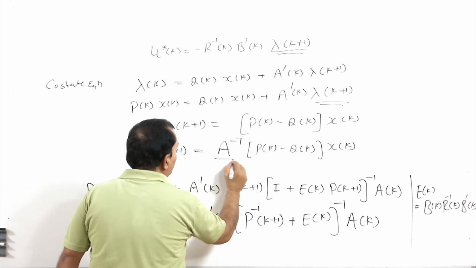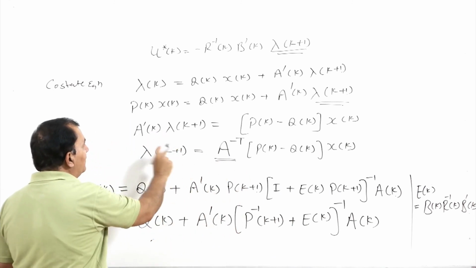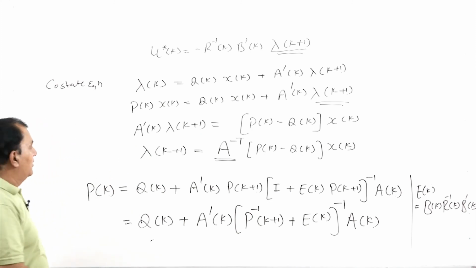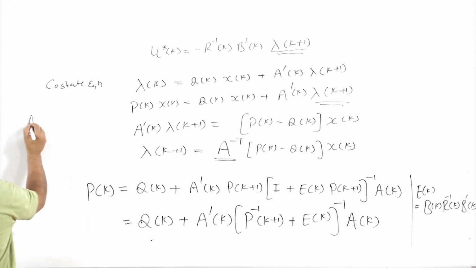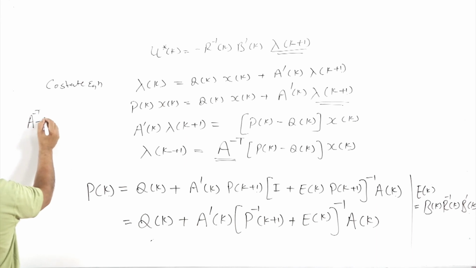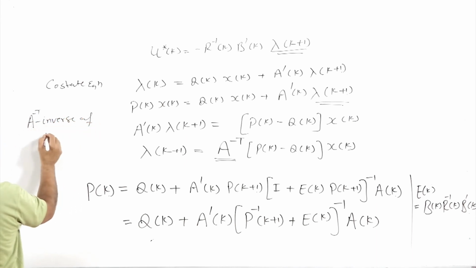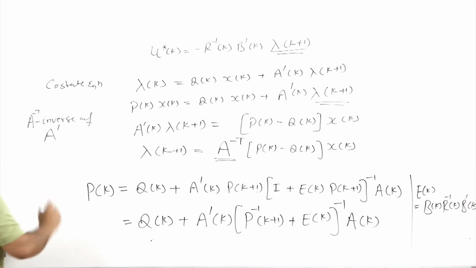So, what is this A minus T? This is the inverse of A transpose, the inverse of A prime.